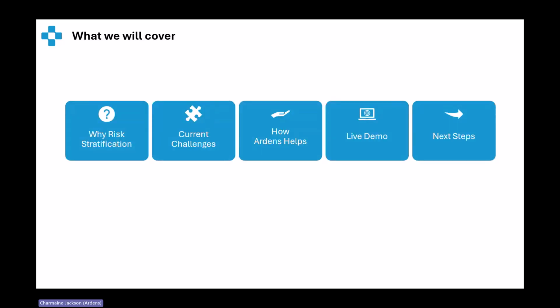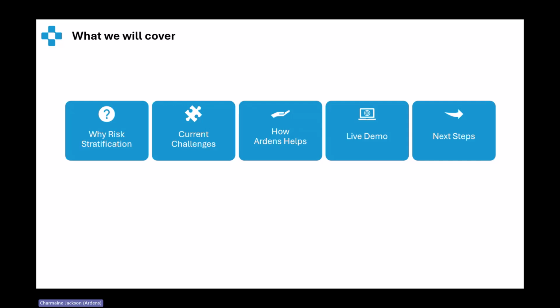In terms of what we are covering, the majority of what we're covering today is risk stratification. We're going to be starting with the why. Why do we have to do this? We're then going to follow that by the current challenges. We're then going to talk about how we at Ardens can help you. We're then going to do a live demonstration so you know exactly how to find and use our tools. At the end of the session, we're going to discuss the next steps and where you go from here.